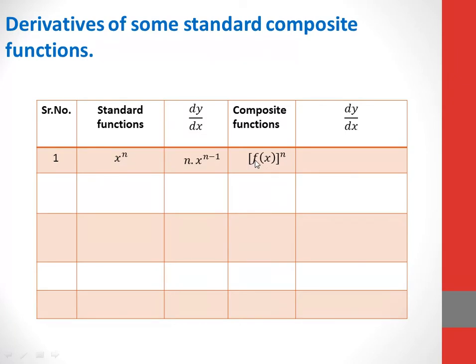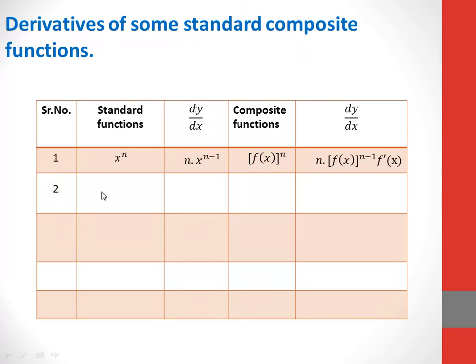So if there is f of x raised to n, how will you get the derivative? It is n into f of x raised to n minus 1 into f dash x. Okay, so compare with the original function. This is the standard function, this is the composite function. This is the derivative of the standard function and this is the derivative of the composite function by chain rule. So first of all we have completed x raised to n.